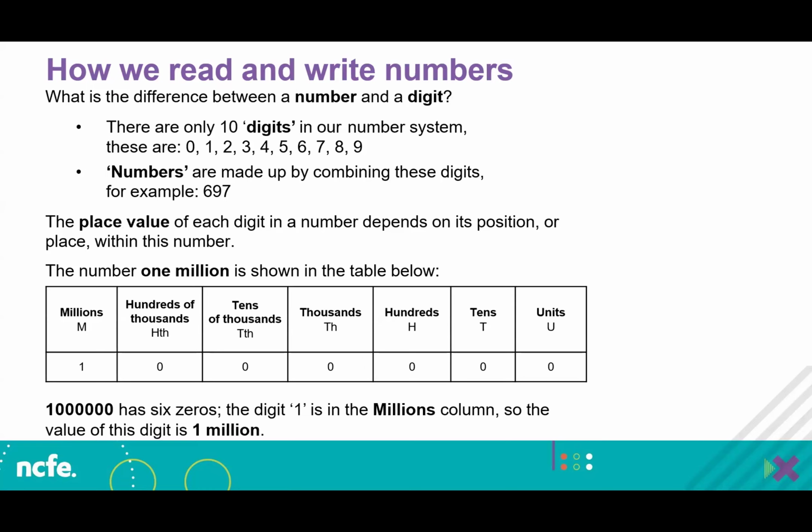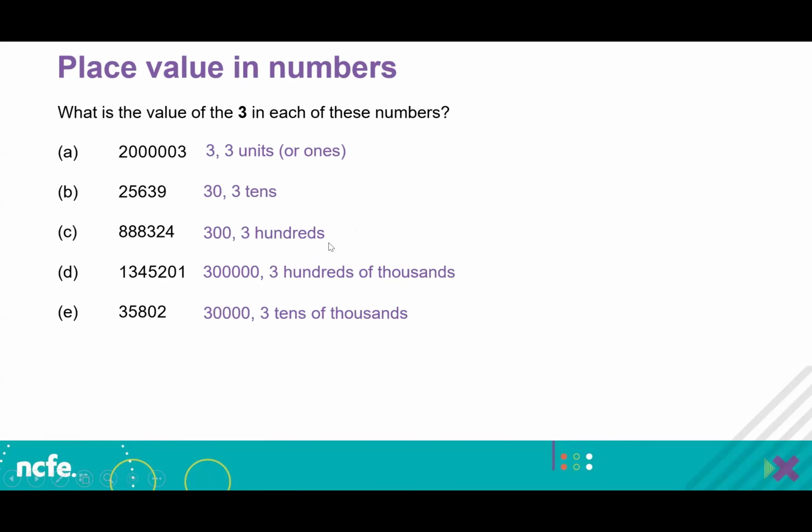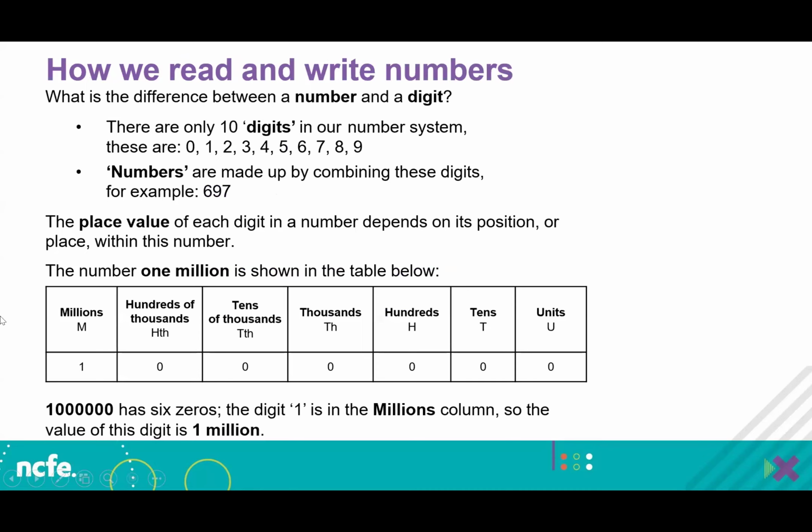The number 1 million is shown in the table below. As you can see, there's 1 in the millions column, and the rest are 0 because the value of them is 0.